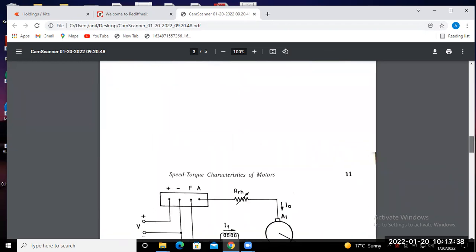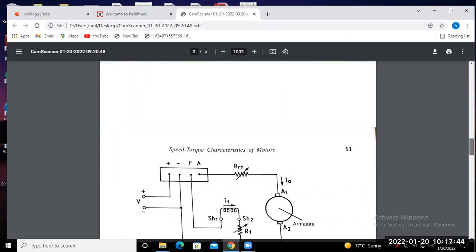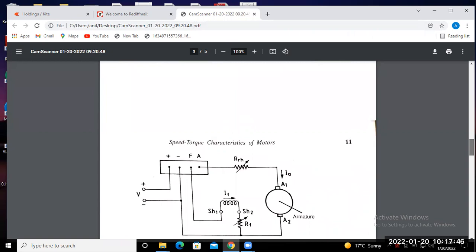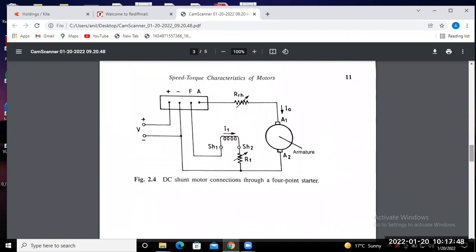Now we want to discuss the speed torque characteristic of the DC shunt motor: how we can control its speed, and what is the relation of the DC shunt motor speed with the torque.